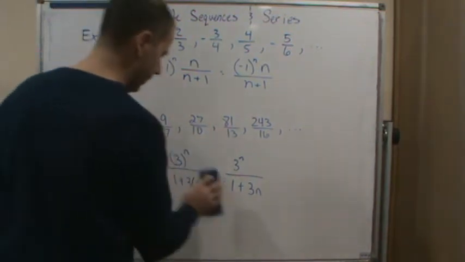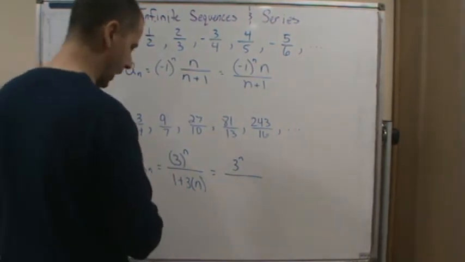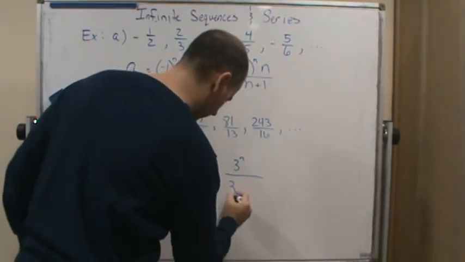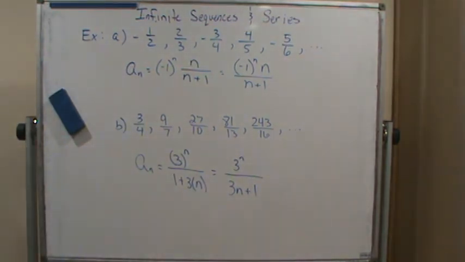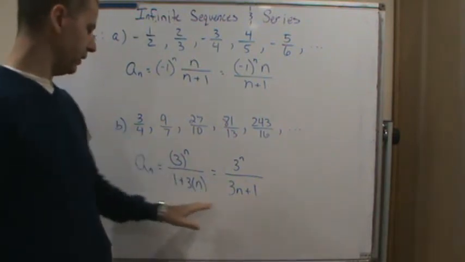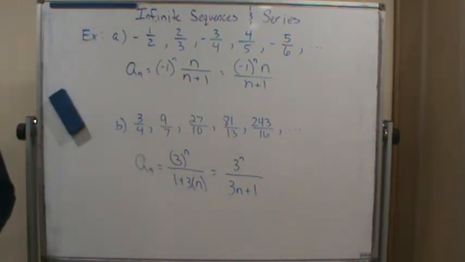We could write it, this is probably more commonly, as 3n plus 1. Okay? And so now this is the explicit formula for this sequence.